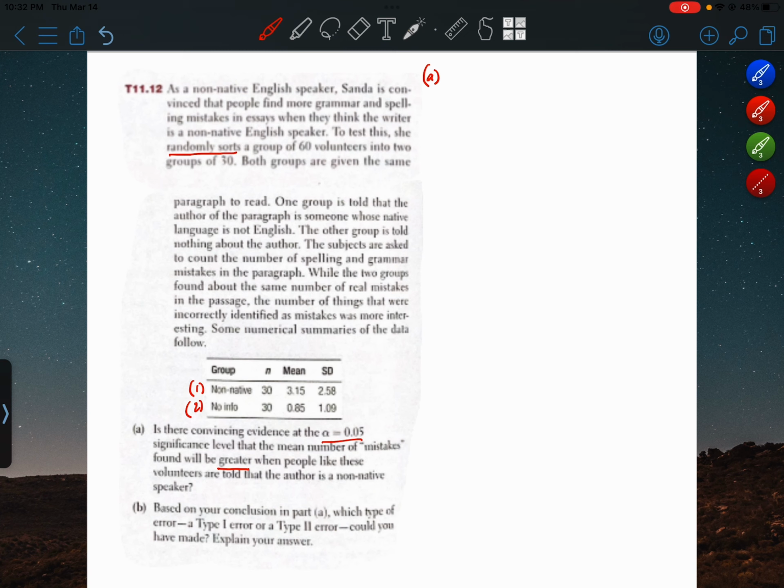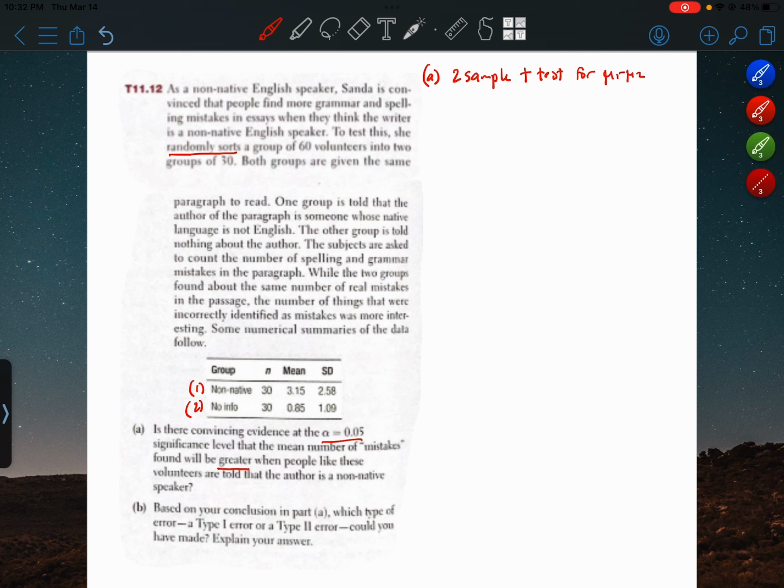All right, so we're going to follow the 4-step process. First, we're going to choose the procedure. This is a 2-sample t-test for mu1 minus mu2.